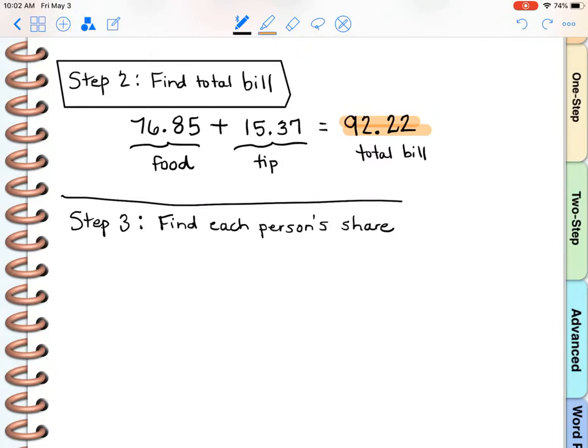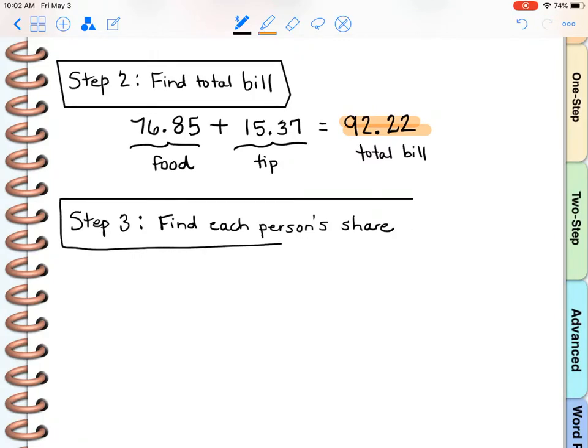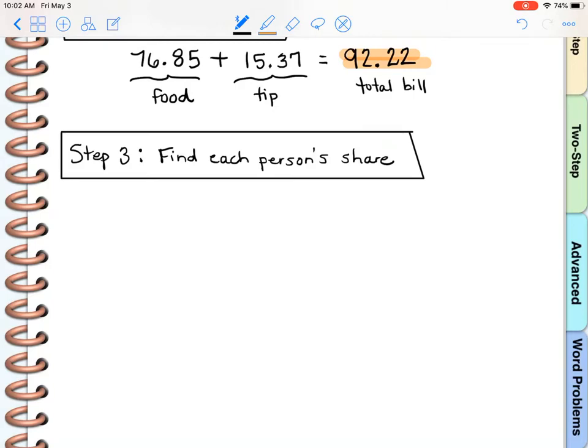They're going to share the cost of the meal. So, how do you share in math? You take the amount and you divide it by how many friends.